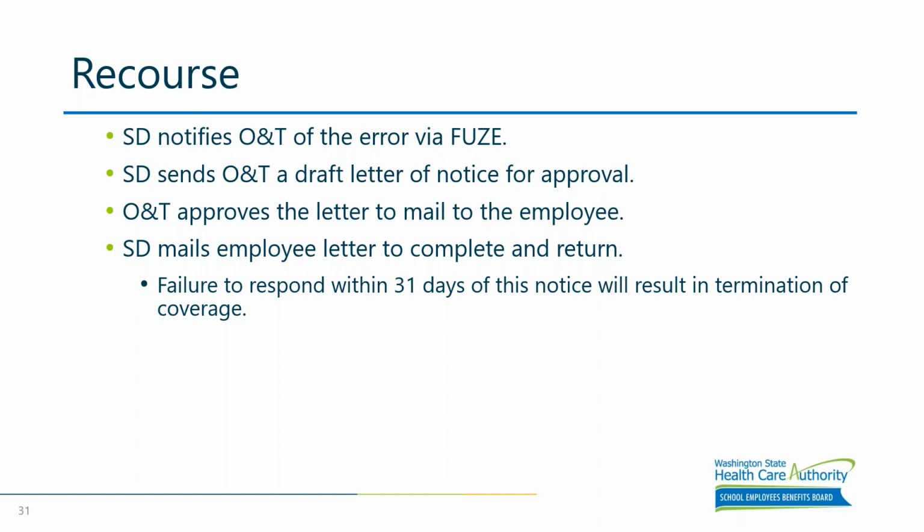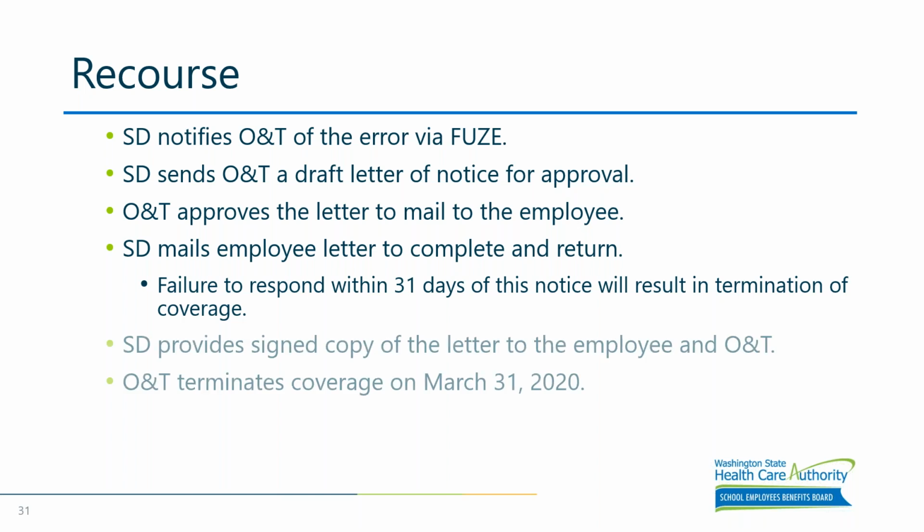And in the letter, it says failure to respond within 31 days of this notice will automatically result in termination of coverage. The school district provides a signed copy of the letter to the employee in outreach and training, and then outreach and training will go into SEBB My Account and terminate coverage effective March 31st, 2020.